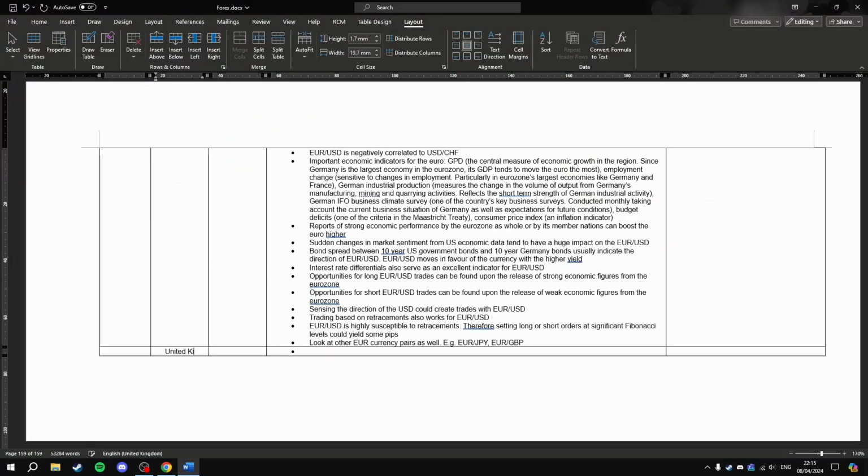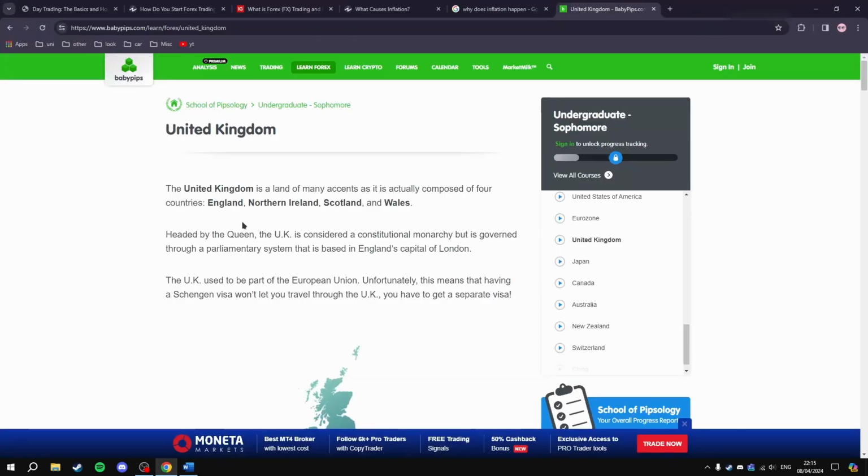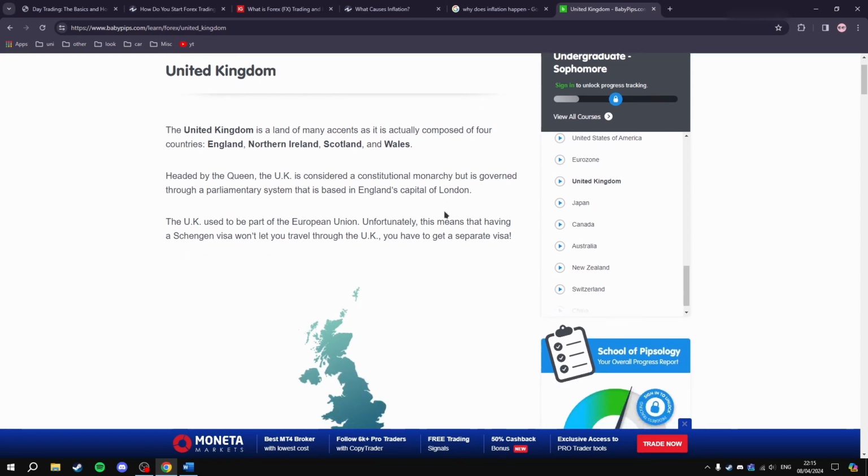United Kingdom. So, the United Kingdom is a land of many accents, as it is actually composed of 4 countries: England, Northern Ireland, Scotland and Wales.